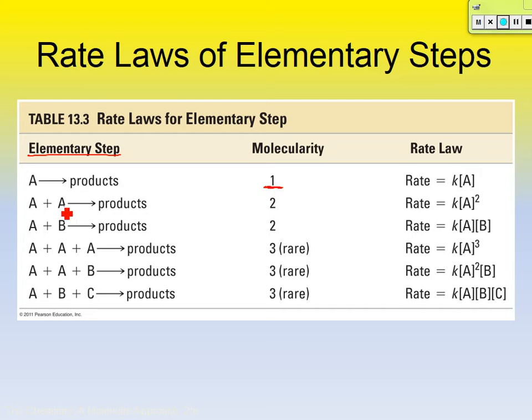But if you have 2 reactants in your elementary step, even if it's the same molecule or the same particle, since there's 2 of them, we say that the molecularity is 2, or it's bimolecular. So again, we'll have 2 right here, but they're different. It's still called bimolecular, or it has a molecularity of 2. Now these final 3 here, they all have 3 reactants, and so they're called termolecular, or the molecularity is 3. And again, they're very rare.